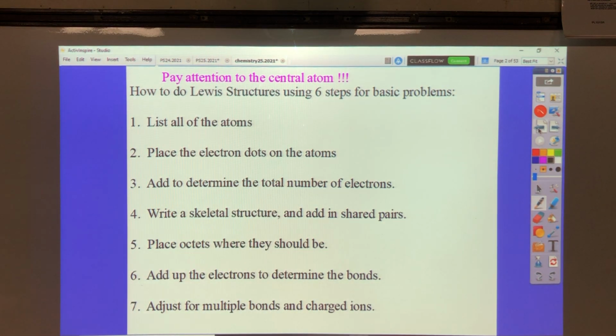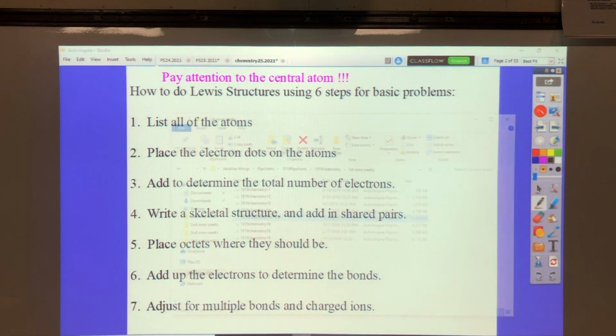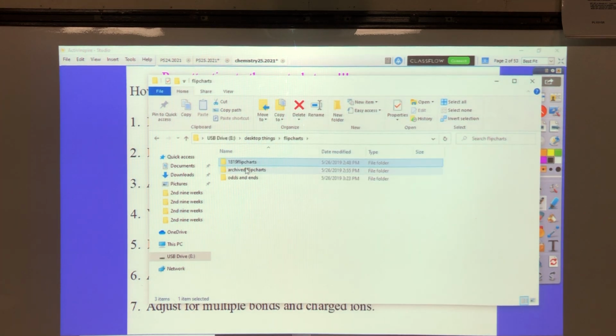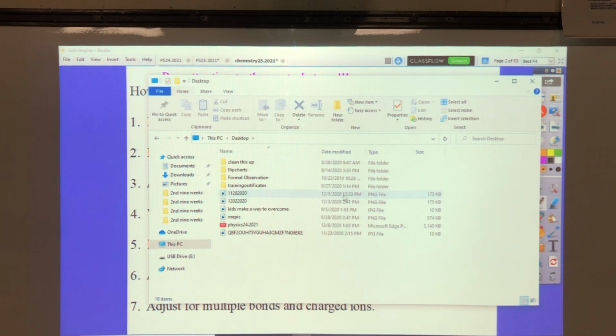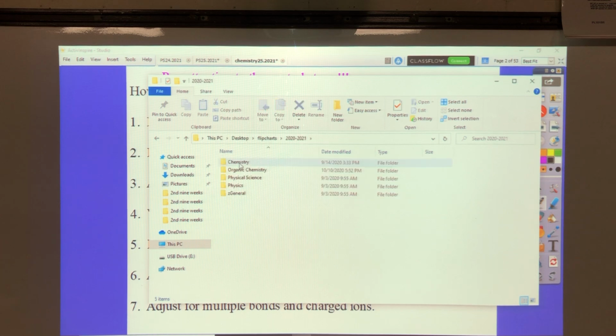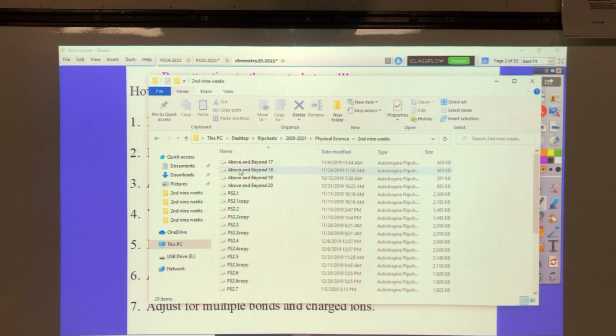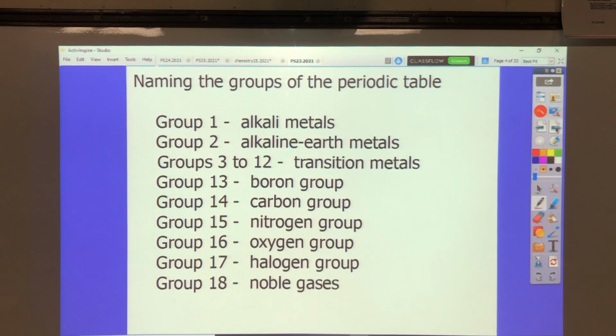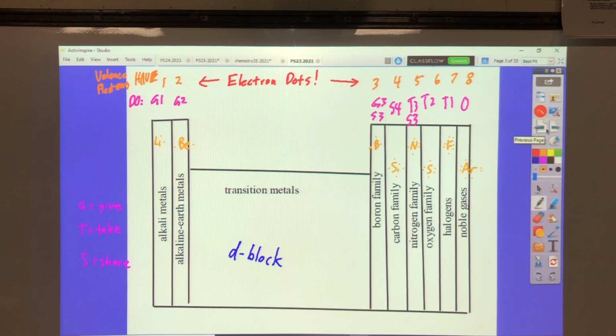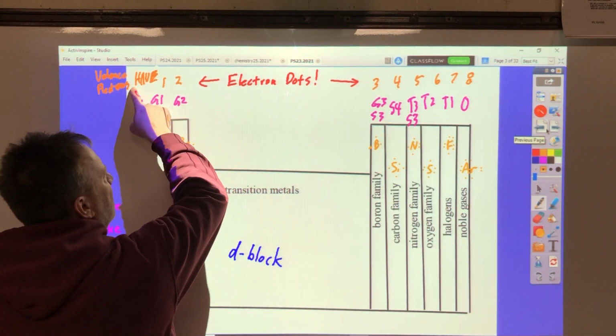So you would have to know, right here, you have to know what column your atoms are in and how many valence electrons they have.